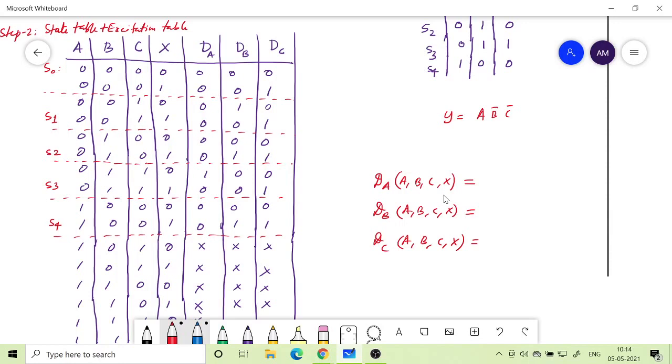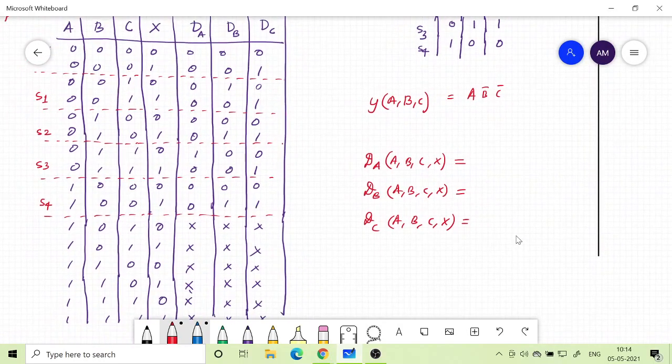The next state depends upon the present state of the flip-flops and the current input, whereas Y is only a function of ABC. That's the difference. Y doesn't depend upon X at all. So that's a Moore machine.